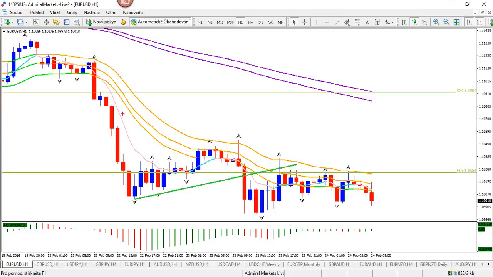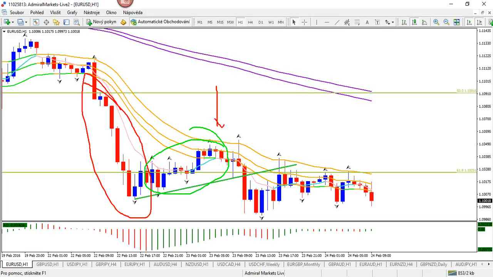So basically we had a fall here, a pullback here, and then the 8 EMA turned back down here. That happened again here, and here, and here. The 8 EMA turned. But what is the difference?